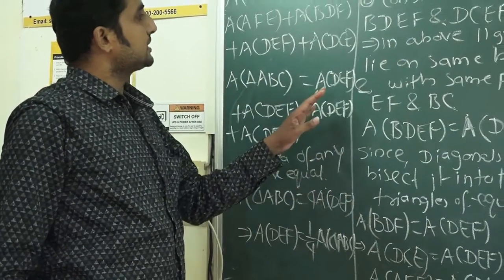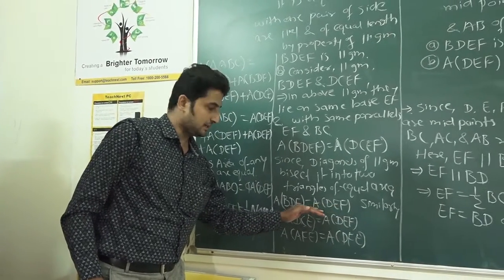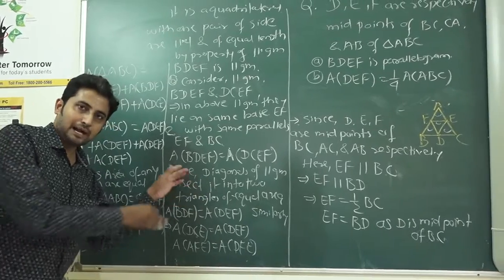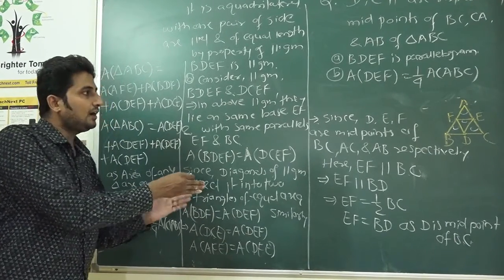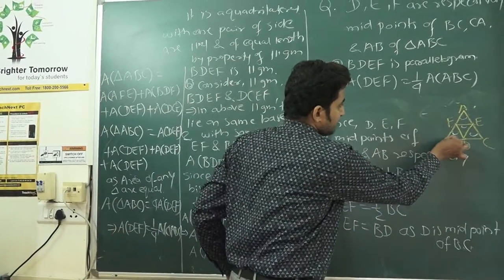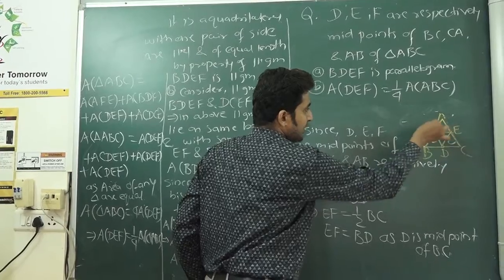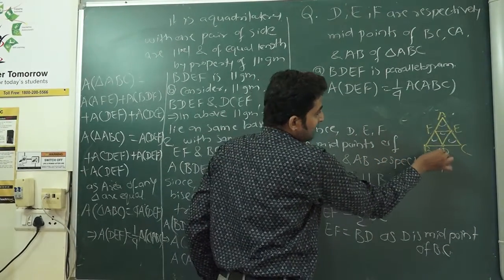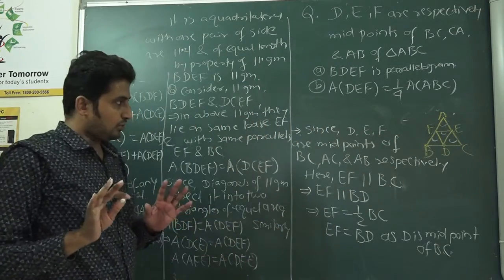What we have done here, dear students, we are just equating the triangles. As we know that the diagonals of a parallelogram bisect it into 2 different triangles of equal area, that's why we are equating this. This is also parallelogram BDEF. DCEF is also a parallelogram and DEAF is also a parallelogram. Observe this carefully.